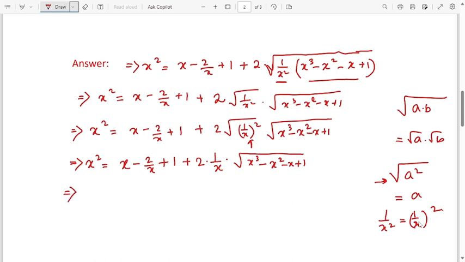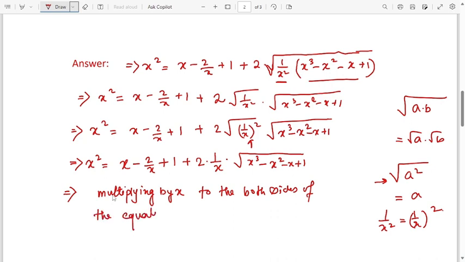Now we are going to do another algebraic operation, that is multiplying by x to both sides of the equation. Then you can ask me, why should we do that? Because we have x in the denominator.